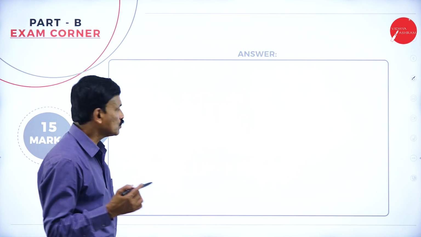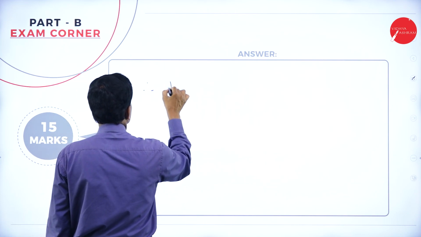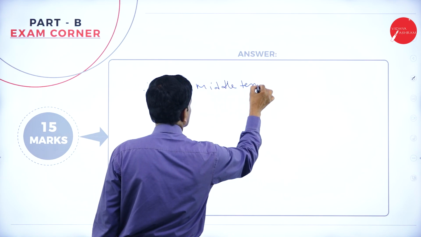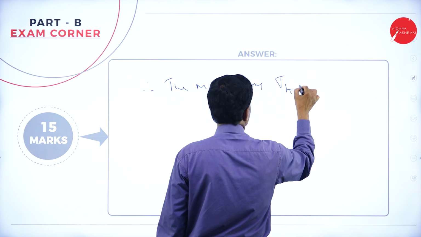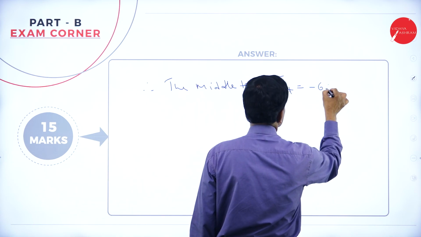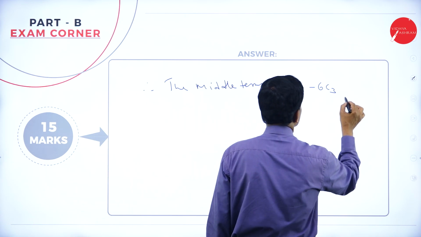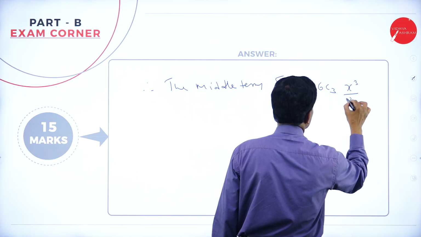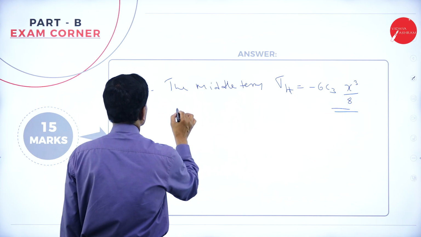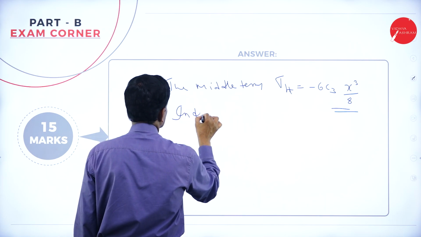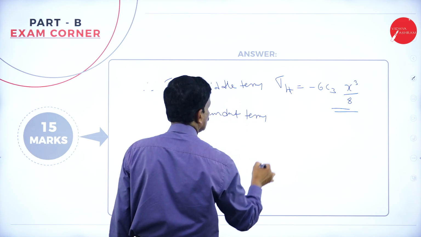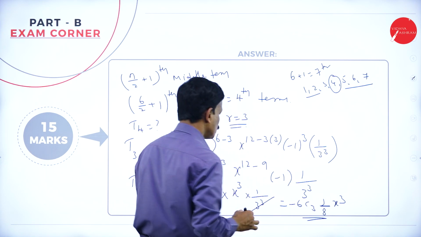So, the conclusion is, the middle term is T4 is equal to minus 6C3 into x cube divided by 8, and then the independent term is equal to, what is the independent term?